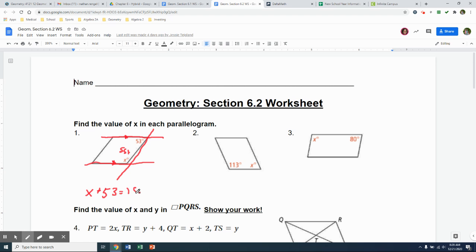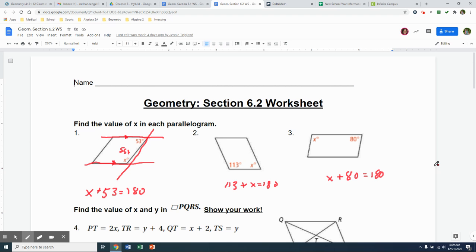So on this problem, we can set up x plus 53 equals 180, 113 plus x equals 180, and x plus 80 equals 180. In a parallelogram, you're going to notice that the consecutive angles, or the two same side angles, are always going to add up to 180 degrees.